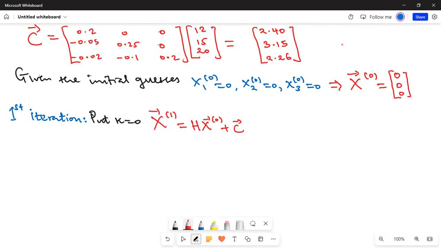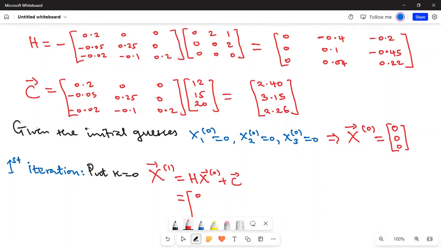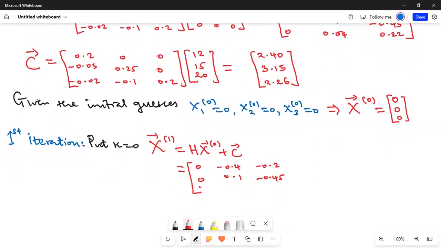We have these vectors and matrices. You know h, you know x. Let me substitute. Our h, we can refer back here: 0, negative 0.4, negative 0.2, 0.1, negative 0.45, and the other one is 0.04, 0.22.